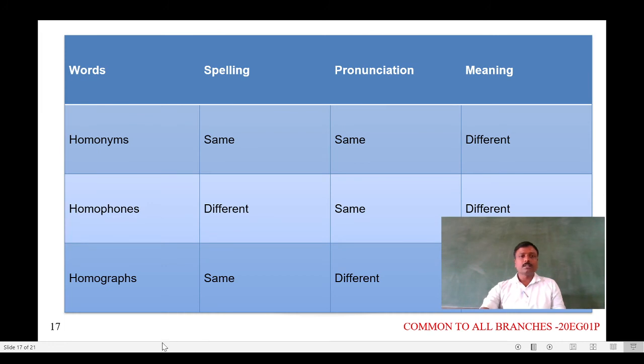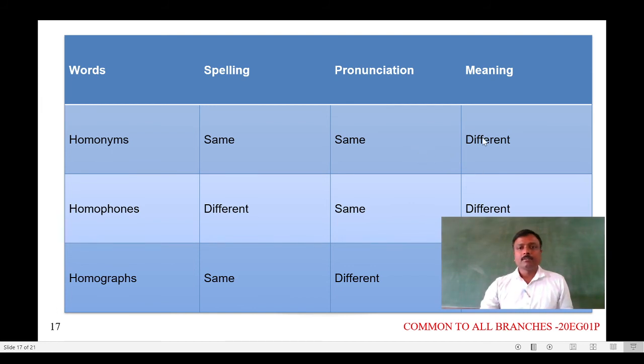You can see here in the slide, homonyms have the same spelling, same pronunciation, but they have different meanings. So they are called homonyms.